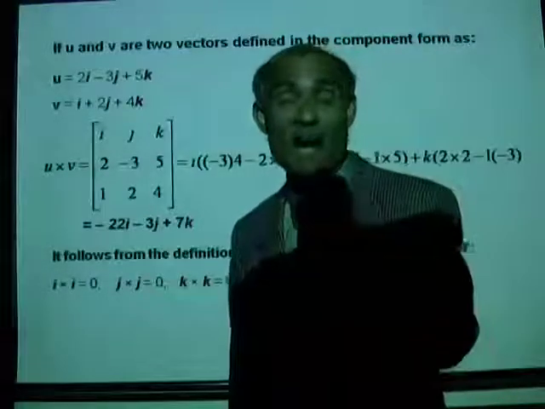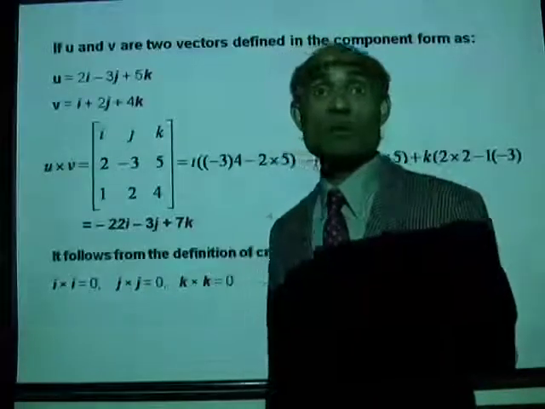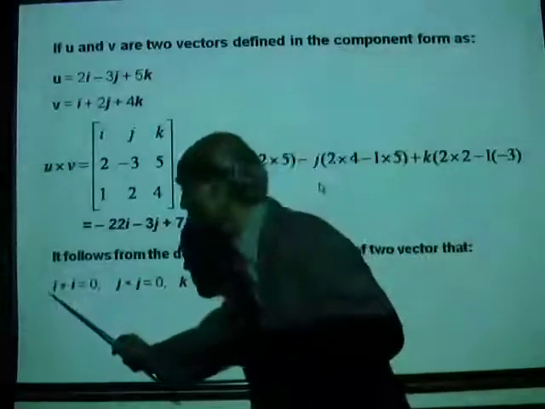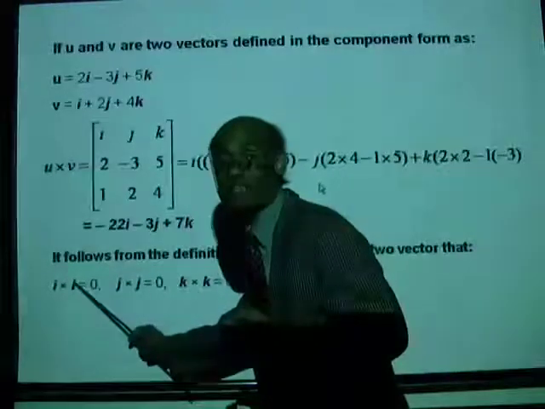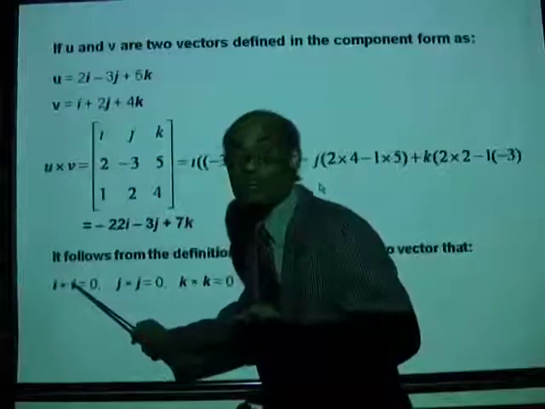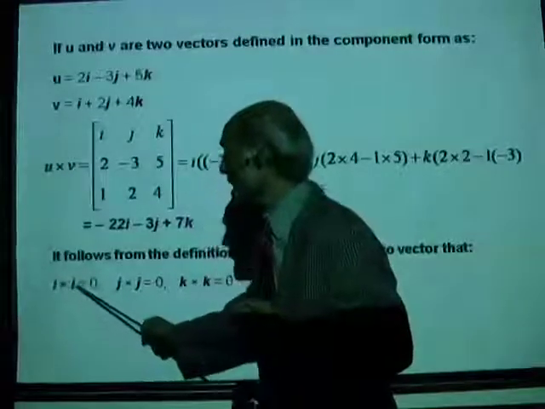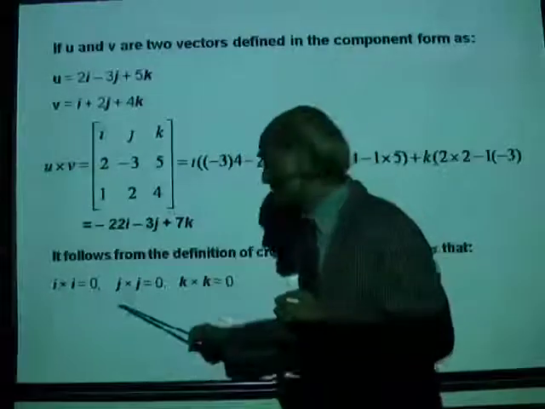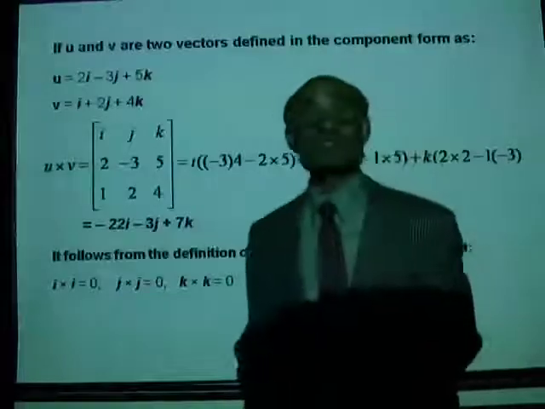Is that right? i and i are the same vector. The angle theta is 0. So, magnitude of vector i times magnitude of this vector i times sine of the angle. Sine 0 is 0. Therefore, i cross i is 0. j cross j is 0. k cross k is also 0.